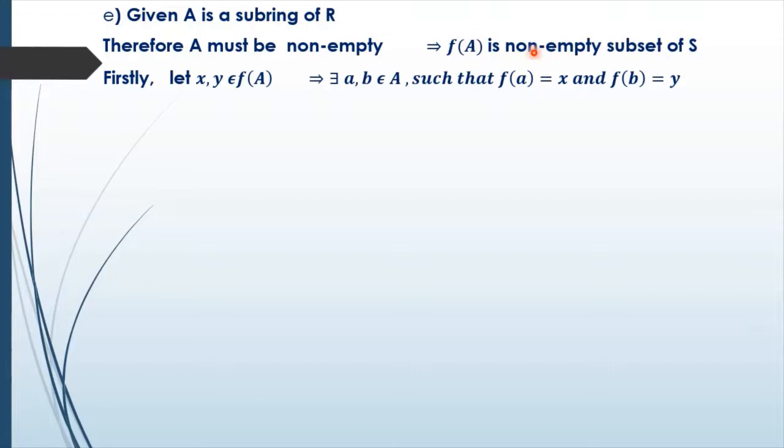To prove that f of A is a subring, we need to prove two conditions for a subring.